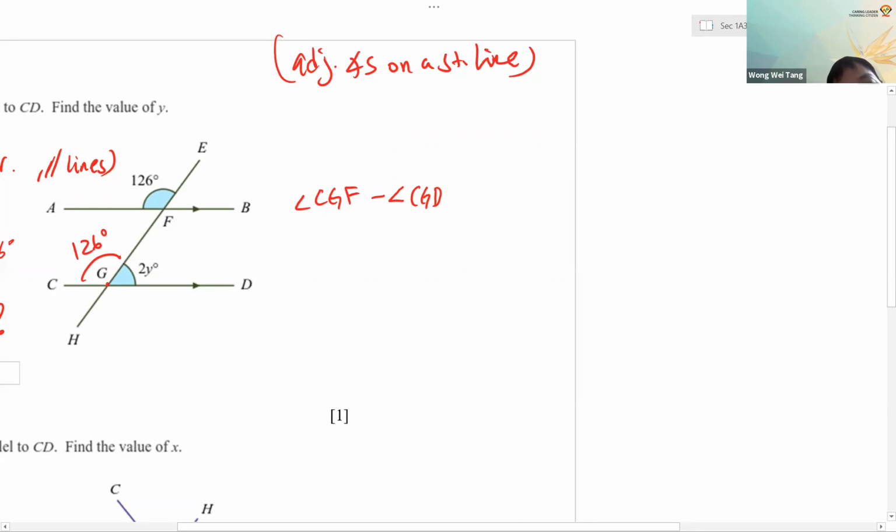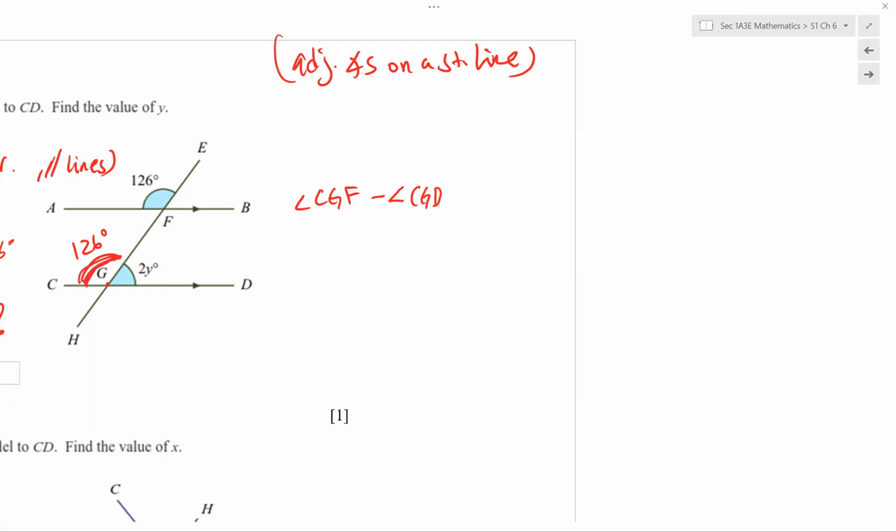Okay, back to Glenn. CGF minus CGD. Why do you want to minus? To find 2y because they are adjacent angles on a straight line. CGF is 126 degrees, right?